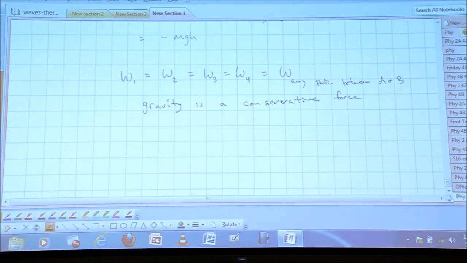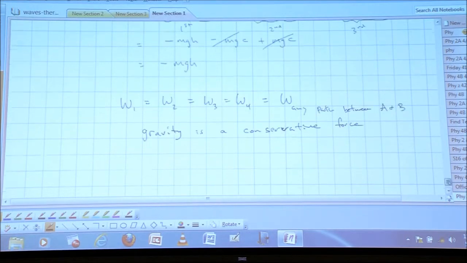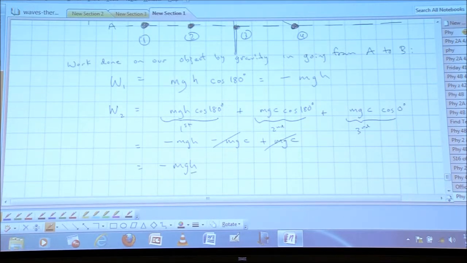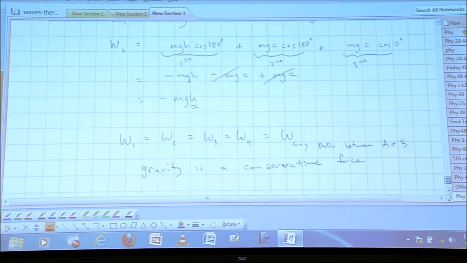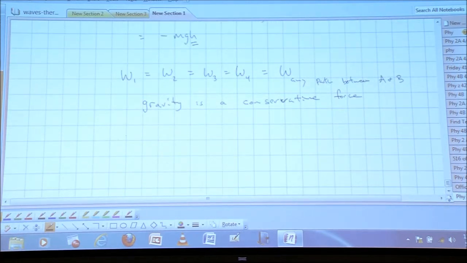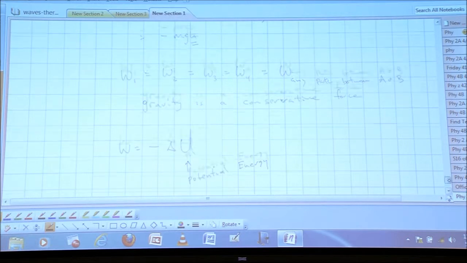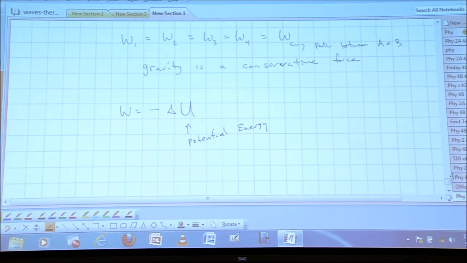So mgh only depends on position, right? The height in the gravitational field. So we're going to say work is negative the change in potential energy. We use U for potential energy. Work equals negative change in potential energy.